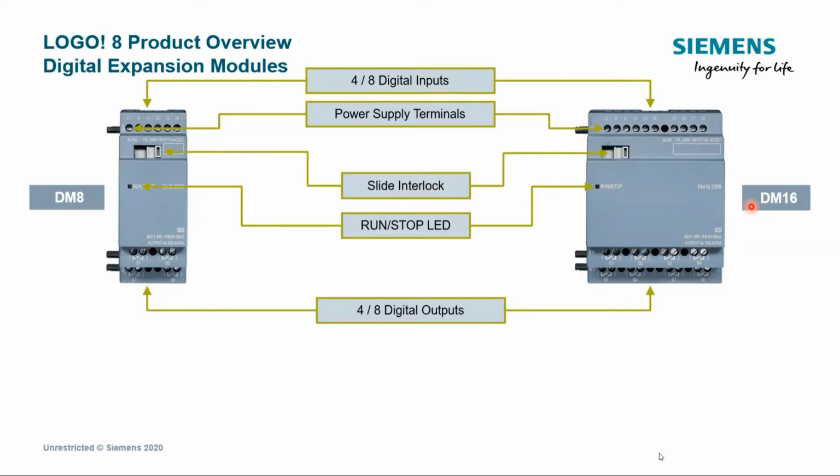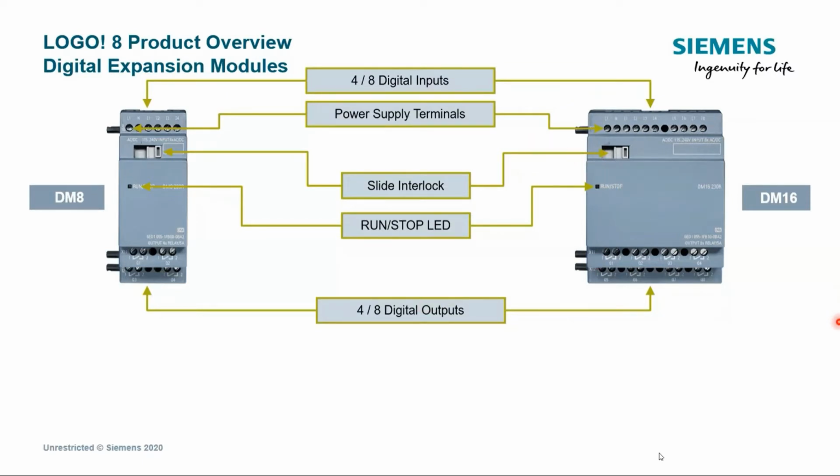And lastly, we have this slide interlock on the module, and this is actually how we connect the expansion module to the logic module, or to the module to its left. So simply this slide interlock, once the expansion module is fitted into the rail using a screwdriver, is pushed to the left, so it will establish the link to the module to its left.